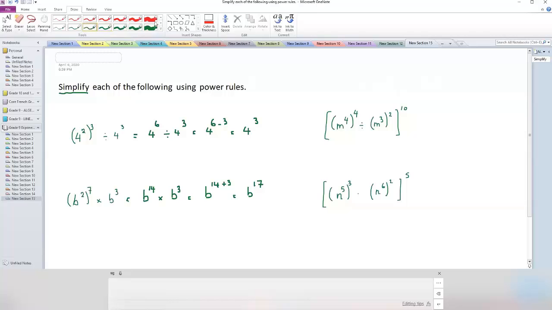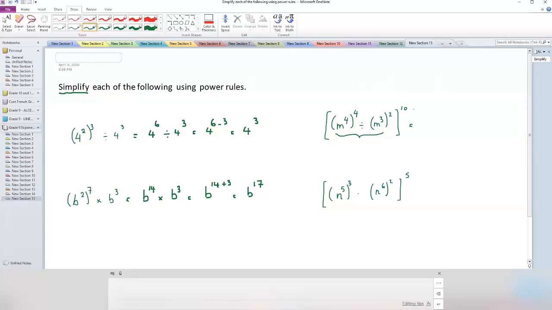Here I need to focus a little bit, and I encourage you, when you see something like that, you deal from inside to outside. So let's deal with everything inside the large or square bracket, and after that we go with the power of 10. So I have m to the power of 4 to the power of 4.